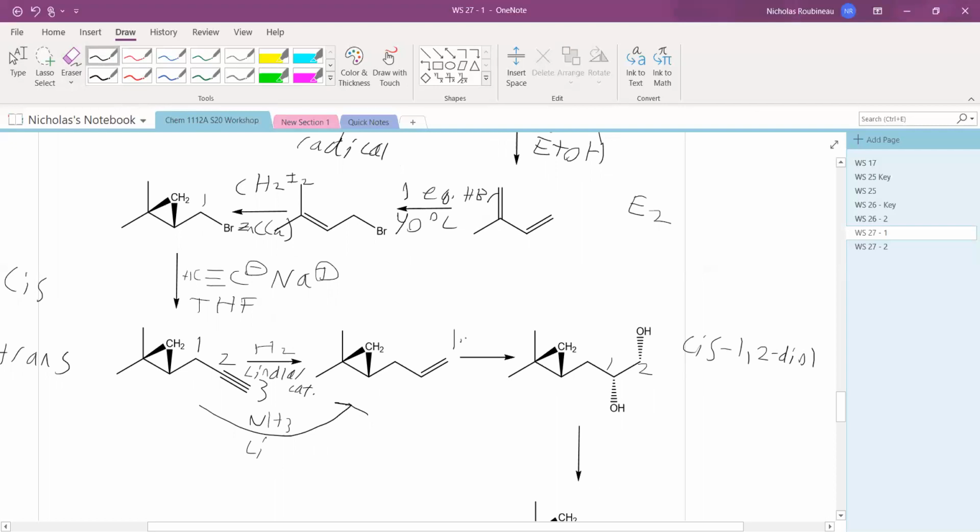This is a two-step thing. The first step is OsO4, and the second step, that's not entirely correct, sorry. It's NaHSO3.